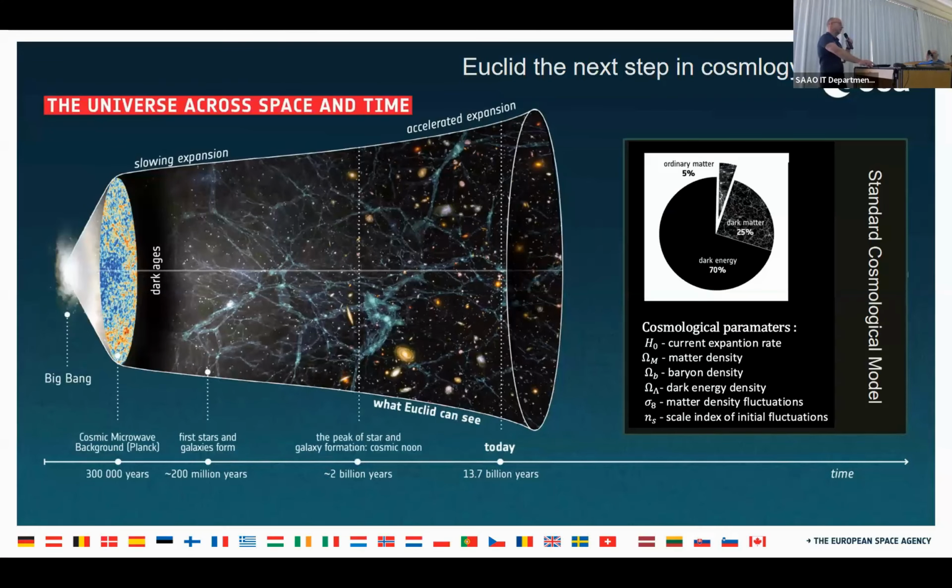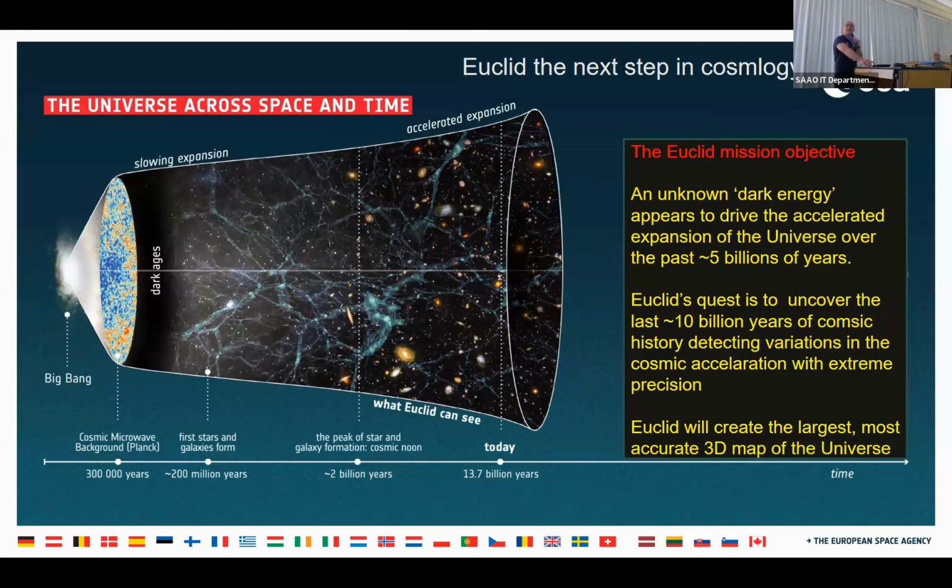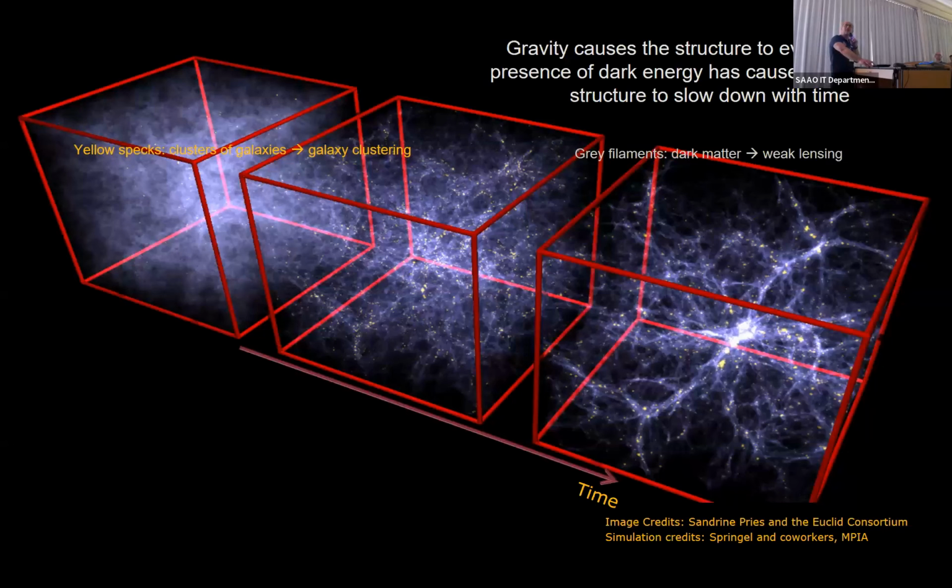As you know very well, Euclid is a dark energy mission. So it's basically testing the standard cosmological model. The big quest is to constrain the last 5 billion years when the accelerated expansion of the universe happens. Gravity causes the structure to evolve over time, and in the presence of dark energy, the structure evolution slows down.